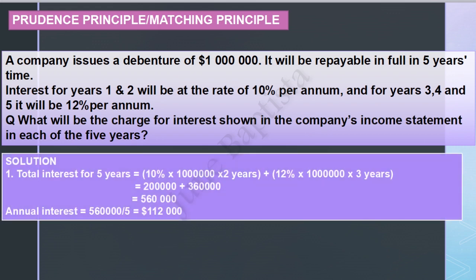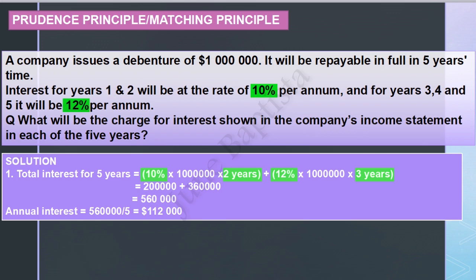Solution: the total interest for 5 years is equal to 10% of 1 million times 2 years plus 12% of 1 million times 3 years, which is equal to $560,000.